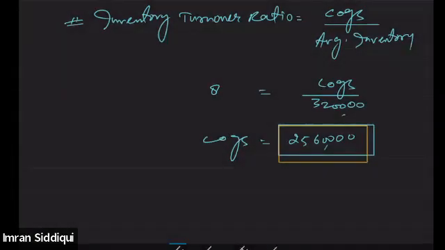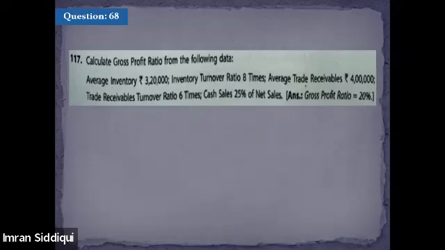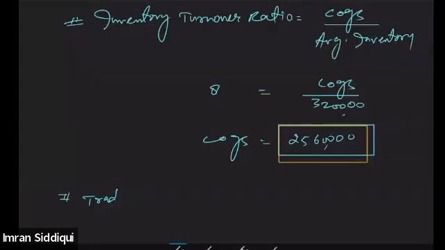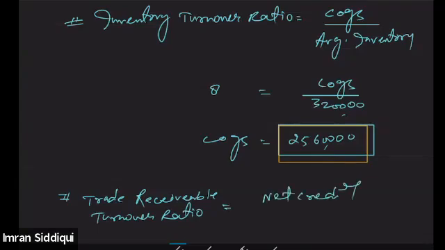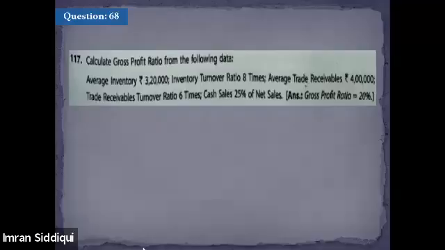Okay, then next we will apply the formula of trade receivable turnover ratio. The trade receivable turnover ratio is given in the question as 6 times. The formula for this is net credit sales divided by the average trade receivable.